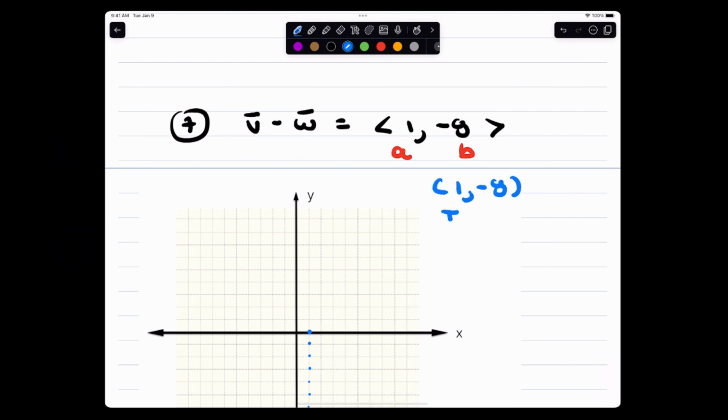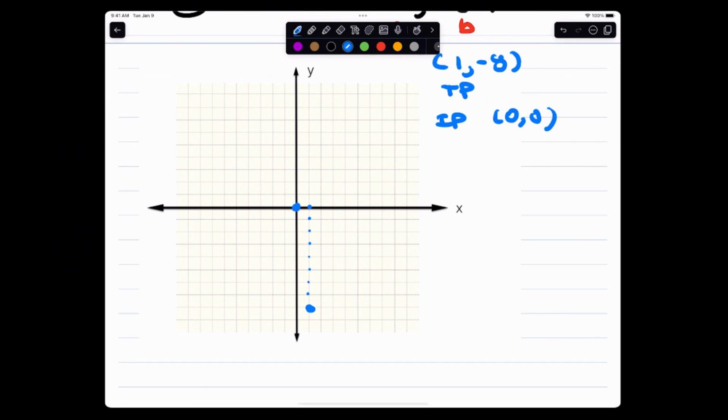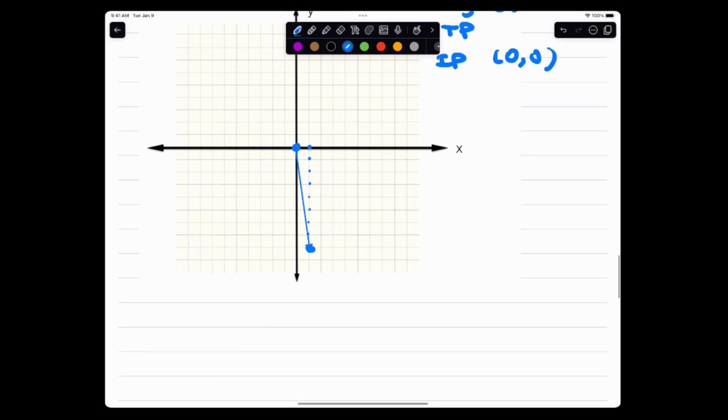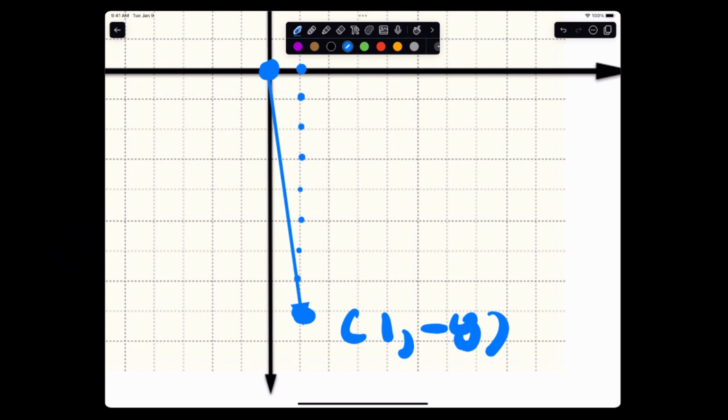That's your terminal point. Your initial point will be the origin. So you say, oh, there's my initial point. Draw your what? Draw your arrow. There's your vector. And here's the address 1, negative 8, but the arrow represents your vector.